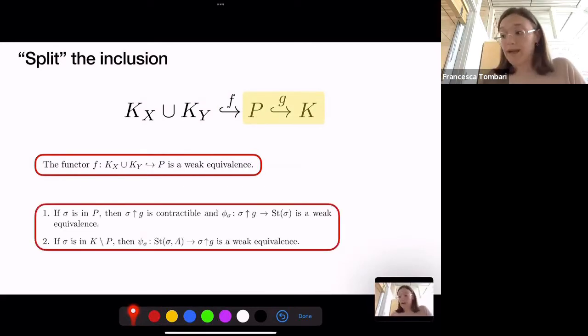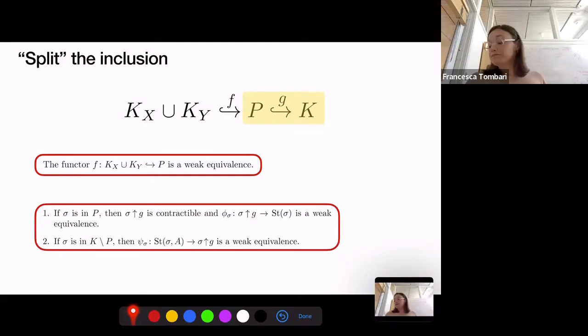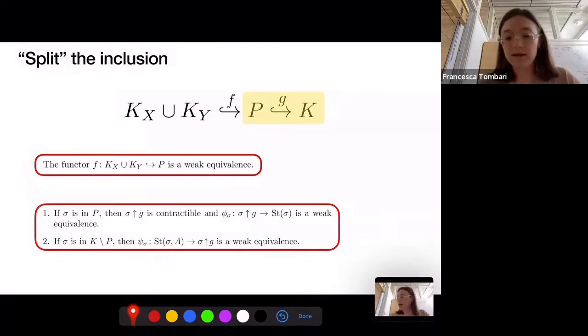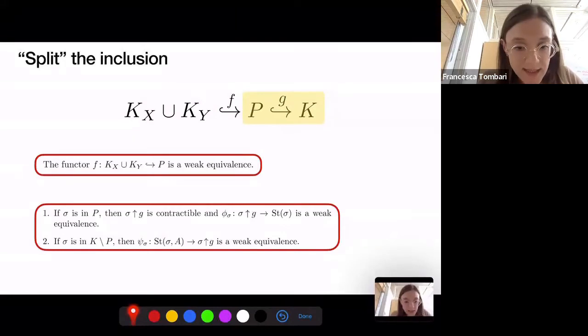In what way? So we observed that for any, sorry, there is a question. Is F always a homotopy equivalence? Yes. So I say weak equivalence, but actually I'm intending homotopy equivalence here.